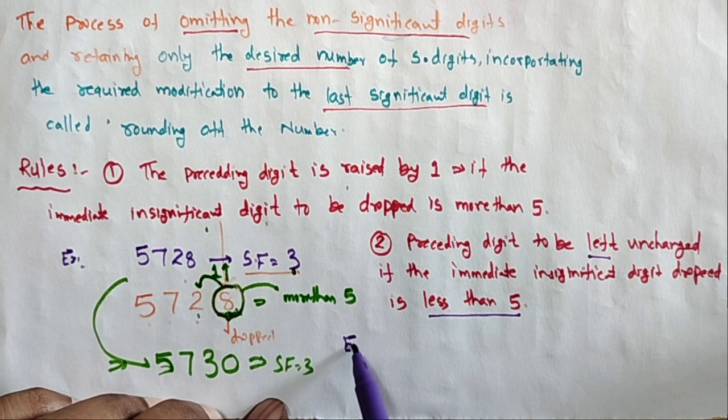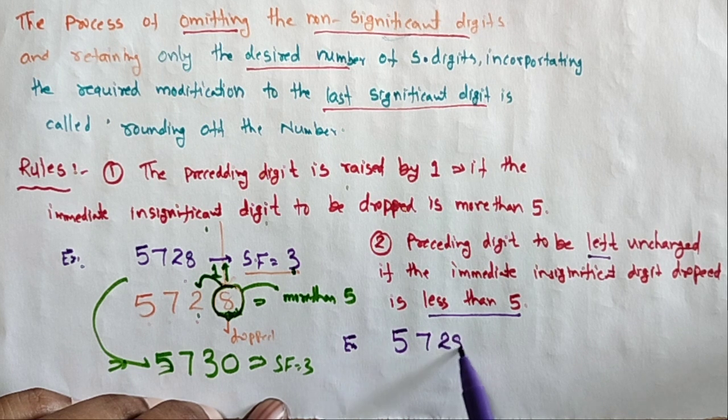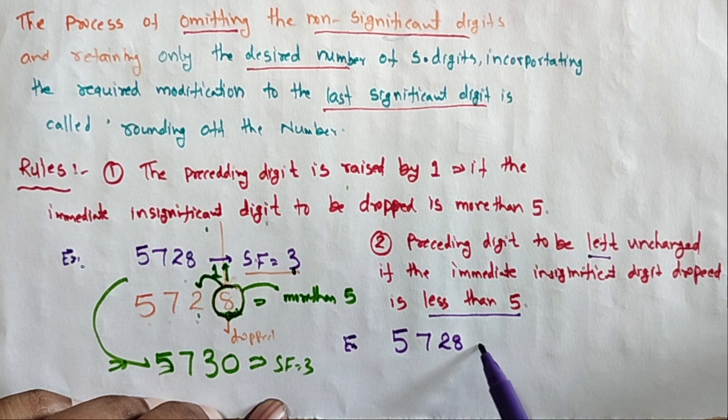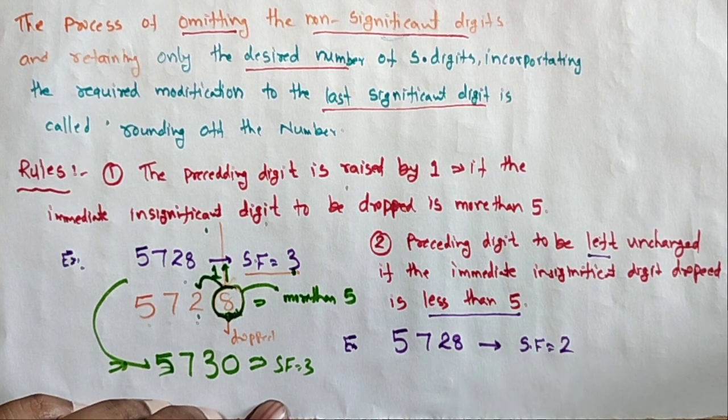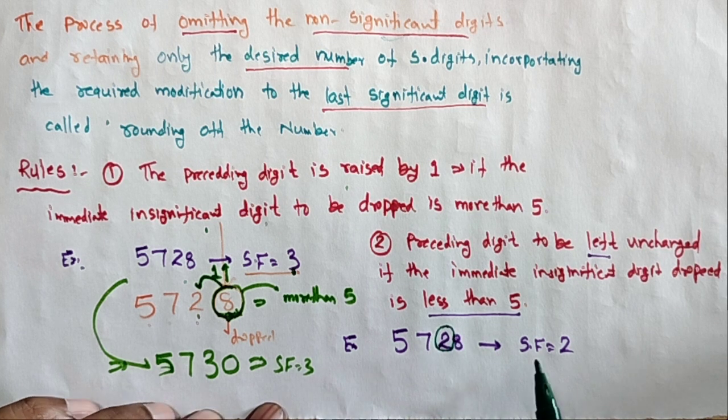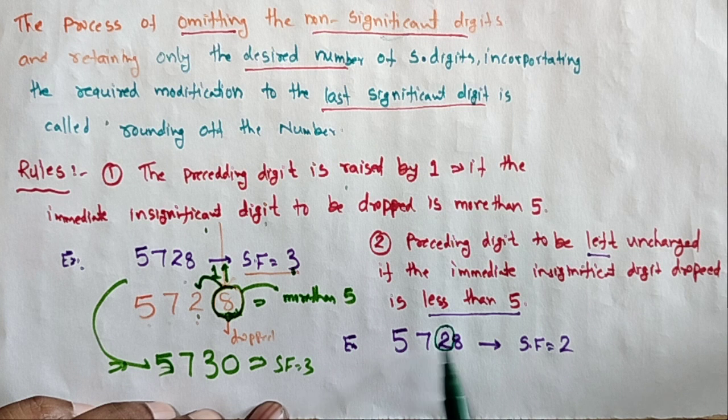For example, I am taking the same 5728 to be rounded off to two significant figures. I want two significant figures, but it has 4 significant figures, so I am rounding the 2 value.